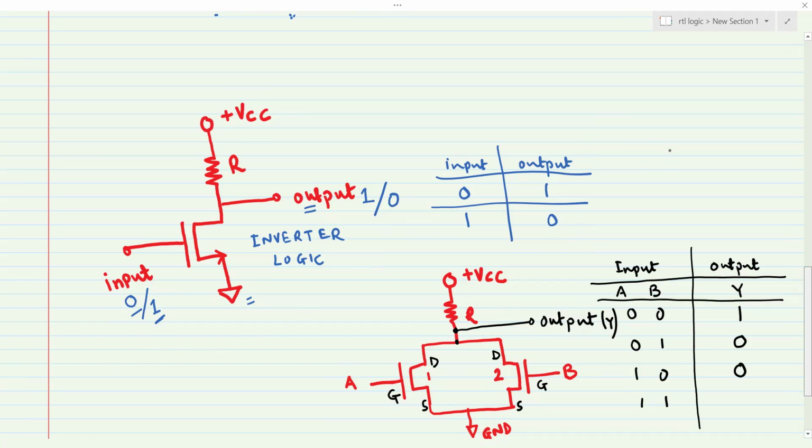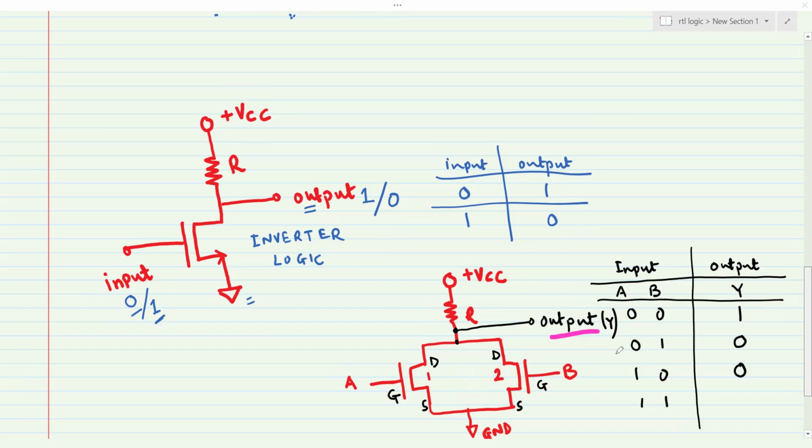For the final combination, when both logic levels at the inputs are 1, both switches are turned on, and we can say there is even a least resistance path for the output to get to the ground, because there are 2 resistors now in parallel, these 2 transistors, and the total effective resistance is even smaller than the individual resistance.